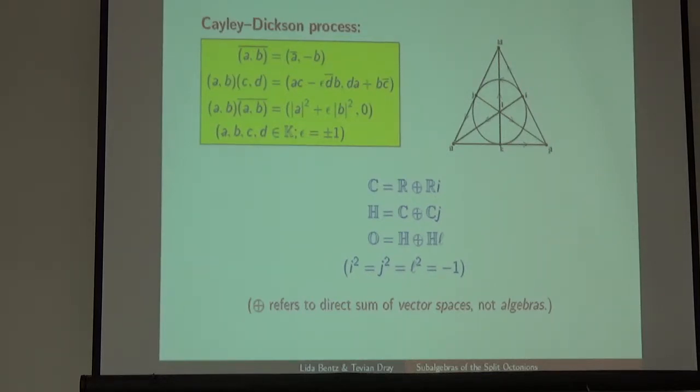Okay, so if you notice in the Cayley-Dickson construction, there's an epsilon here. Each time you add a new unit in the Cayley-Dickson process, you could do as we've done here and add another square root of minus 1. But you could instead add a square root of plus 1. And those are the only choices.